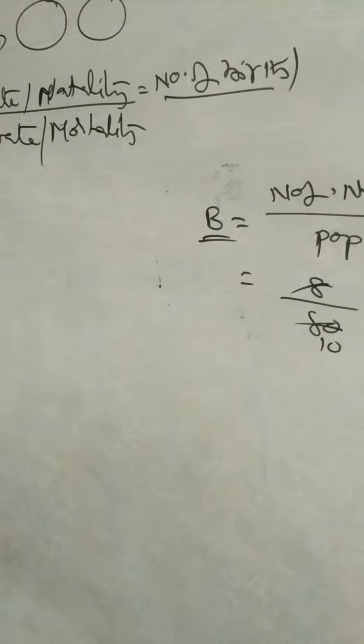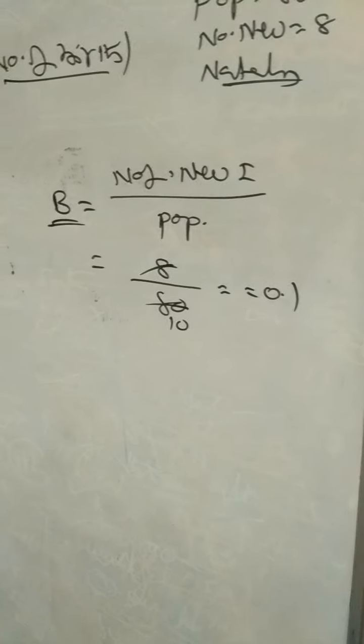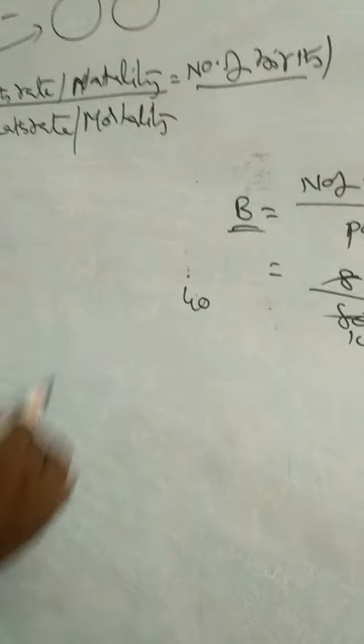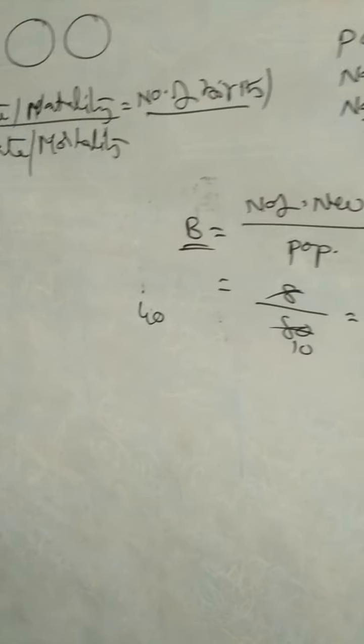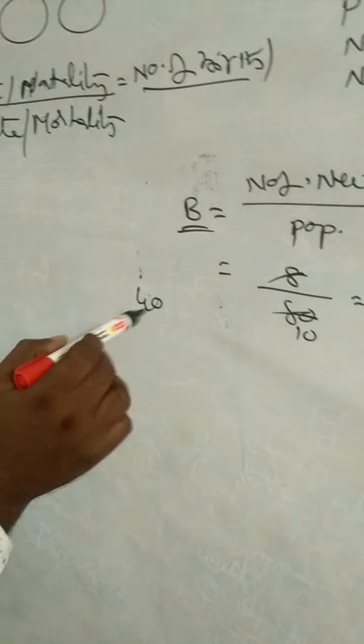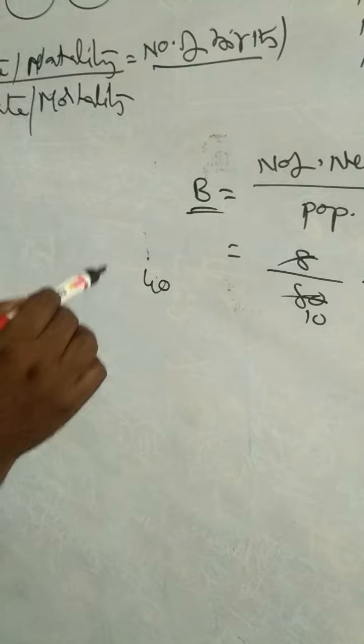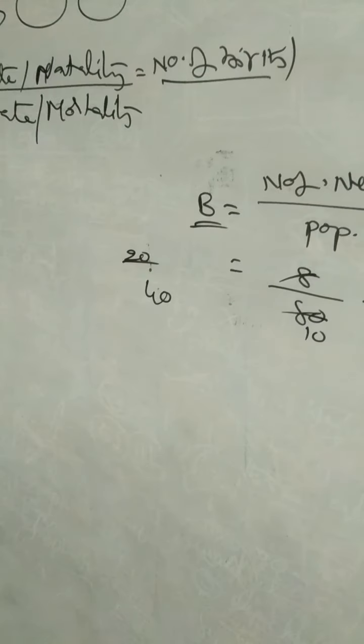Another example for calculation of birth rate. Total population is equal to 40. New births is equal to 20.